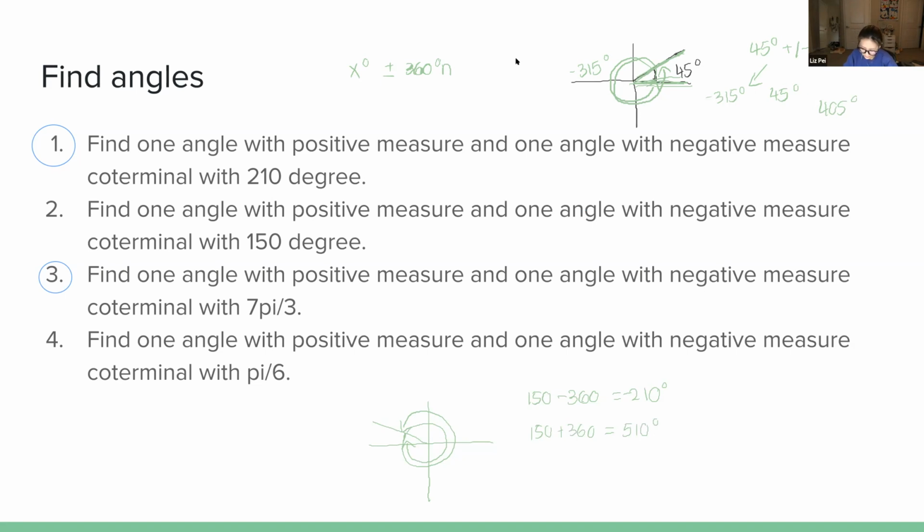So this will be your negative one, and this will be your positive one. So negative 210, and then 510.